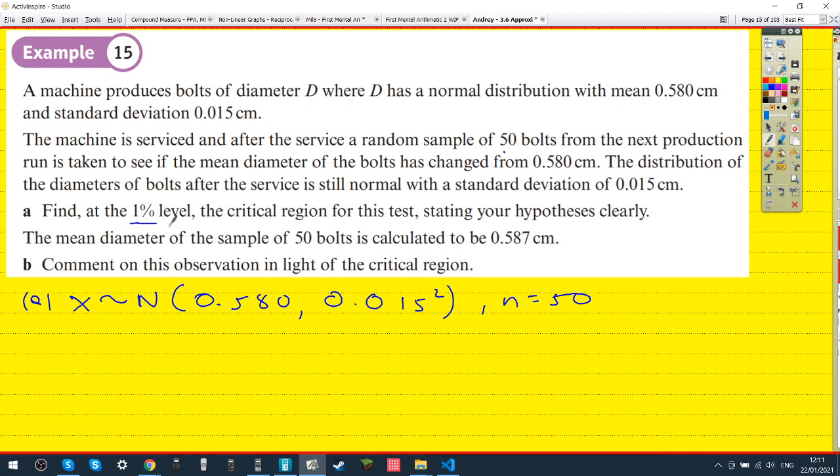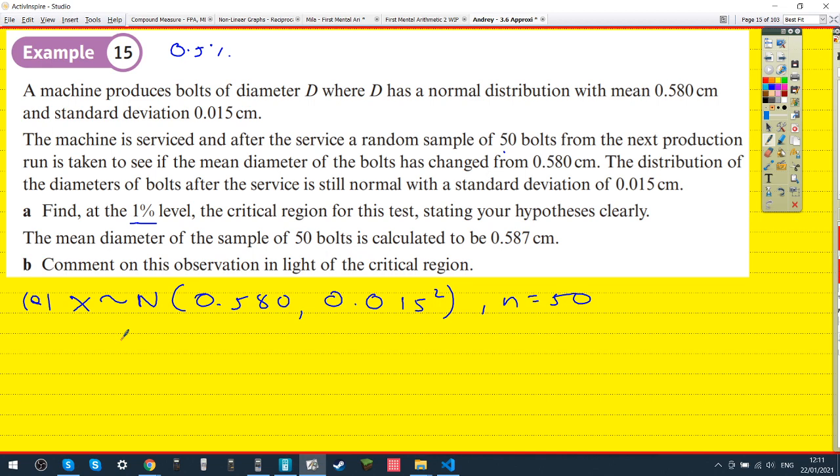So this one has a 1% level of significance, but we're actually going to do 0.5% because we have to look at the top half and the bottom half to see if it changed. Did it go up or did it go down? And so we have to halve that. Everything else should be similar.